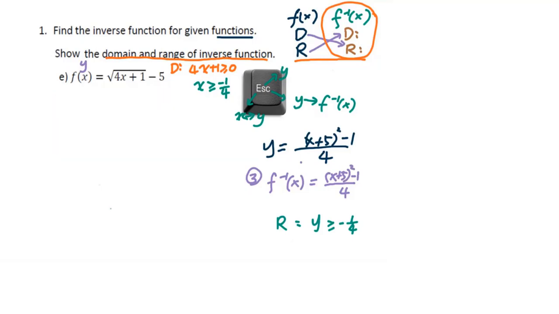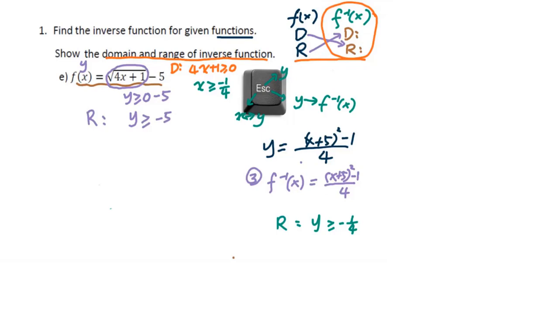Then how do we get the range for this square root function? Remember, whenever you have a square root, that means y is greater than or equal to 0. Nothing to multiply. Therefore, just minus 5. We get y greater than or equal to negative 5. That's the range of the original function.